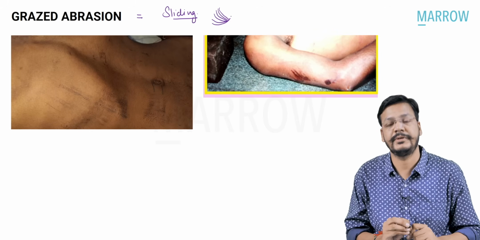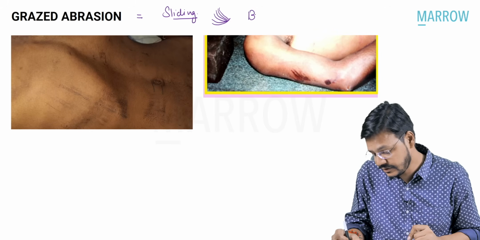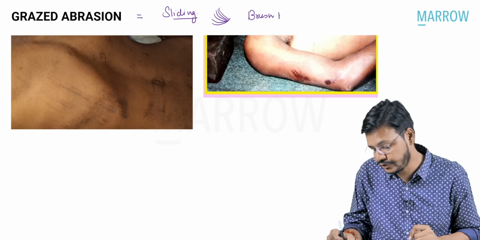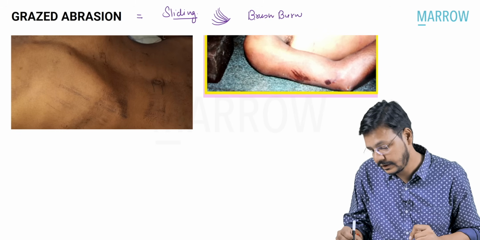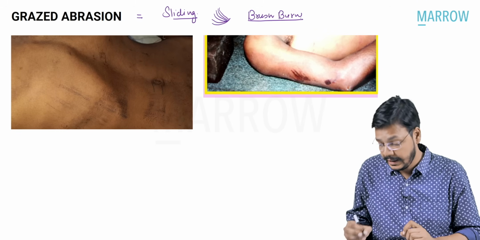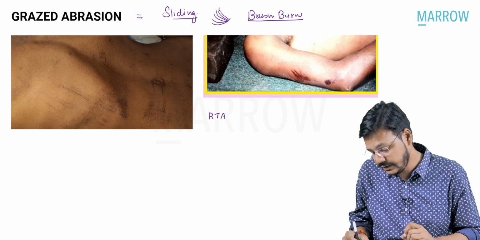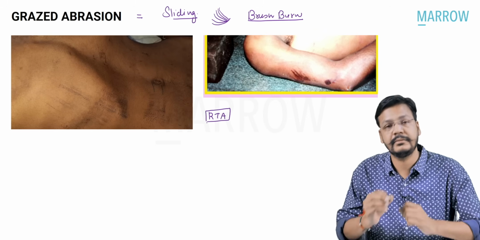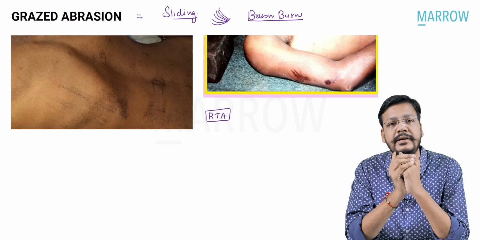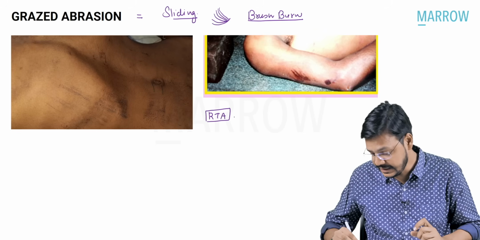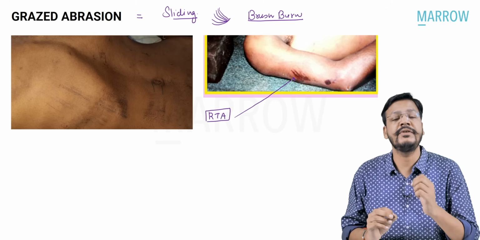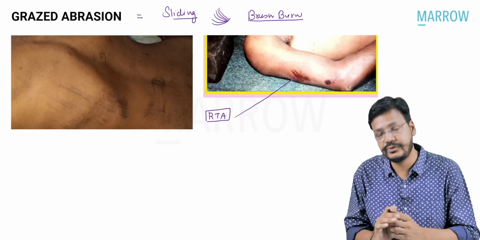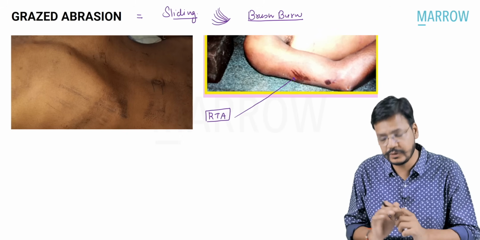Grazed abrasion is also known as brush burn, and it is the most common abrasion in road traffic accidents. These abrasions give a burning sensation and look like a brush. So this option is also ruled out.